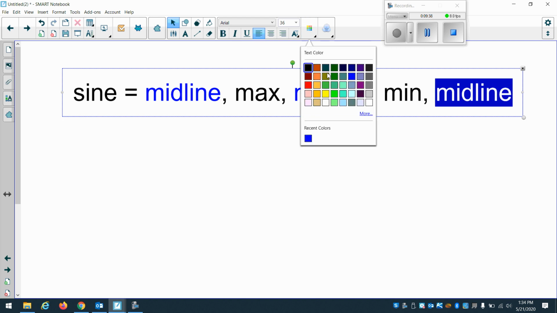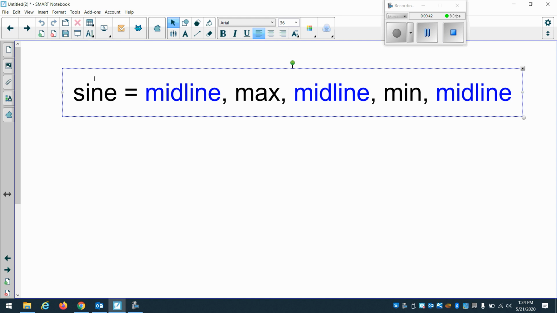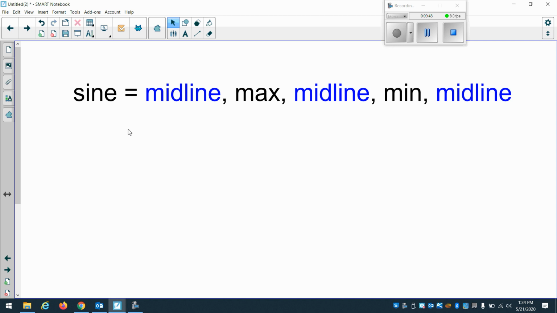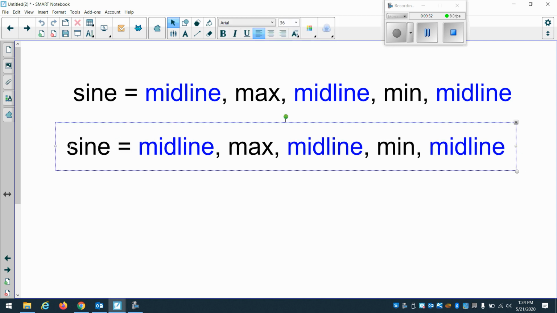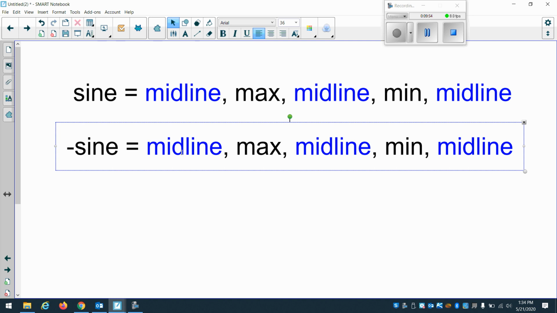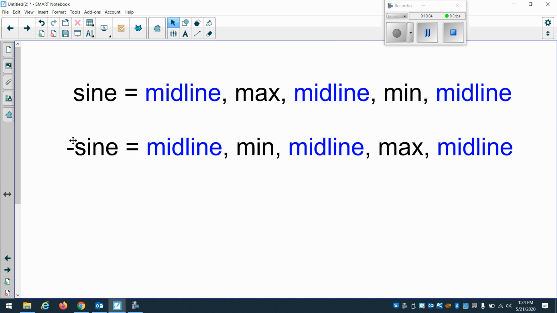I want to show you what changes when we have a negative. Copy, paste. Okay, so if you have a negative sign, meaning a reflection, the only thing that changes is your max and min if you have a reflection, okay?